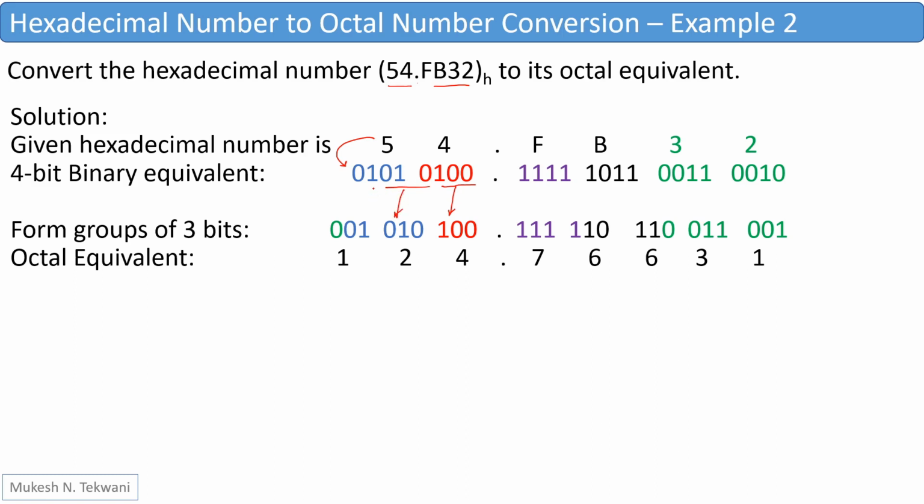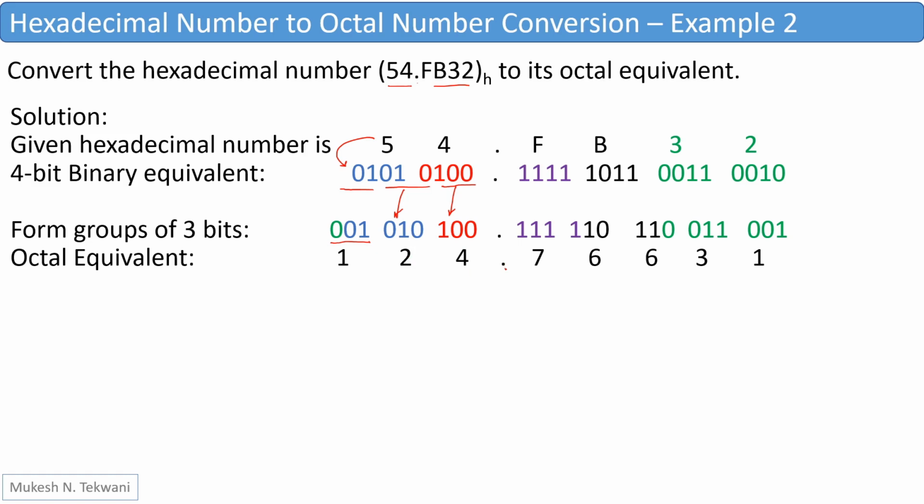And then observe this: we need 3 bits, so we pick up the bits 1, 0, and we don't have another bit here, so we pad it with a leading 0. So we have the group 100. Now each of these groups of 3 bits we replace with its octal equivalent. So this becomes 1, 2, 4.